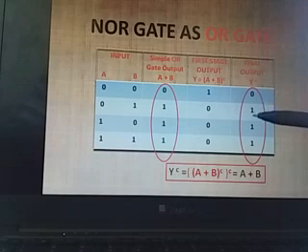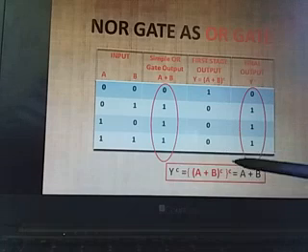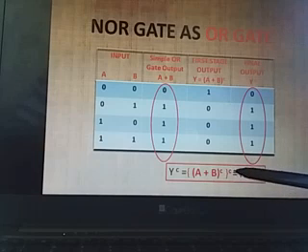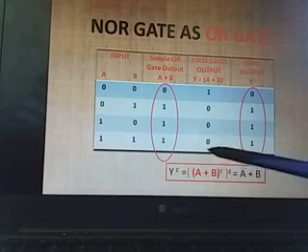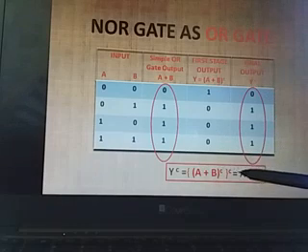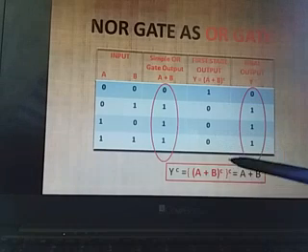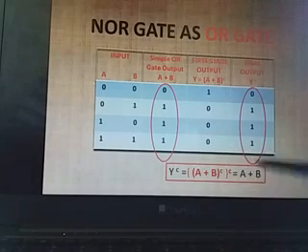So what we conclude: our final output is complement of the complement of A plus B, which is nothing but A plus B. So remember this Boolean expression: complement of the complement of A plus B equals A plus B, or in other words, double complement of a signal is the original signal.